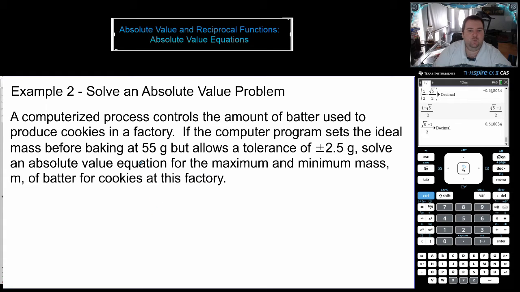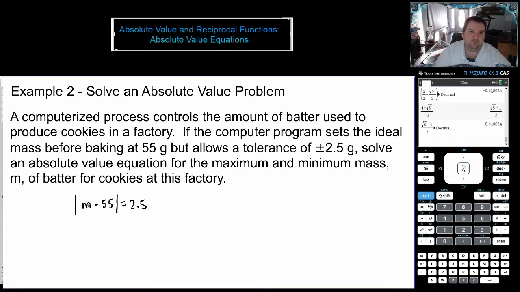Okay, well, what we know is that the difference between our mass and our cookies have to be 55 grams. So the difference between the mass of our cookie and 55 grams, it's not allowed to be more than 2.5 grams.